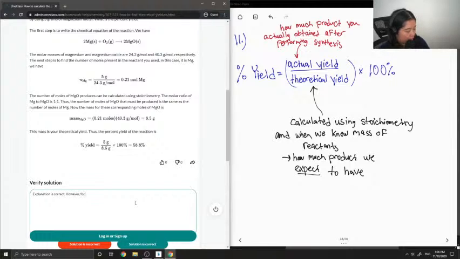However, for the example, the percent yield is equal to 2 grams divided by 8.5 grams times 100, and I got 23.53%.